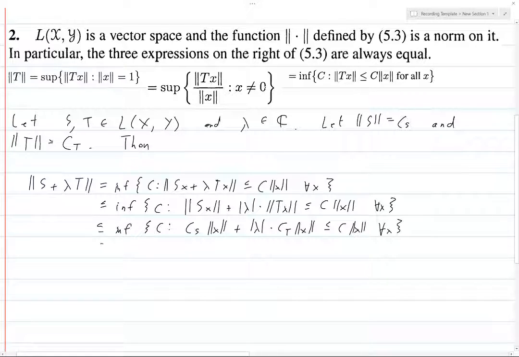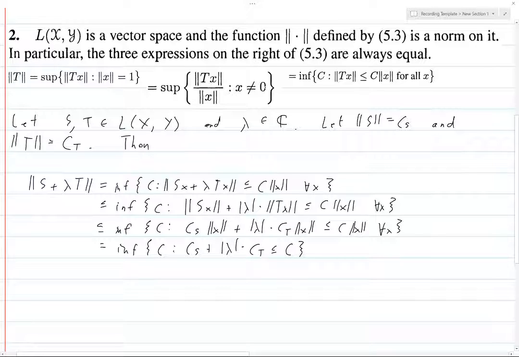But then here, because we've got norm x's everywhere, we can just cancel them out, assuming that they're not 0. But if it's 0, then that doesn't really contribute anything, because in the 0 case, the inequality will hold for all C.